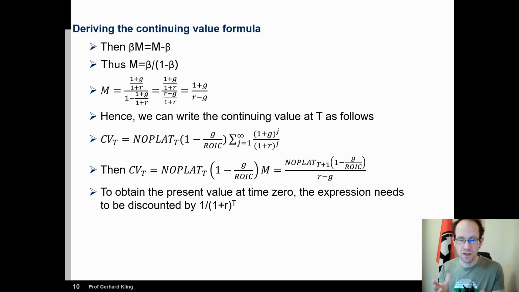Then you can rearrange these equations to express them in terms of NOPLAT and ROIC, which we already calculated for the purpose of the valuation. And most importantly, this long-term value then has to be discounted with our discount rate, which again refers to cost of capital.